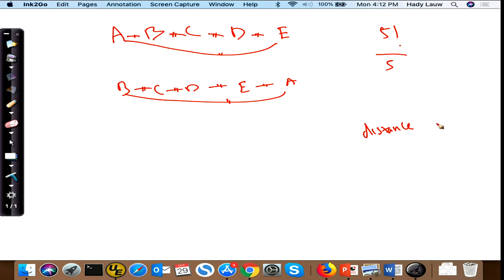So if the distance is symmetric, meaning that it's the same going either way, then we can divide it by 2, because I can reverse the flow of the permutation and I will get exactly the same distance.